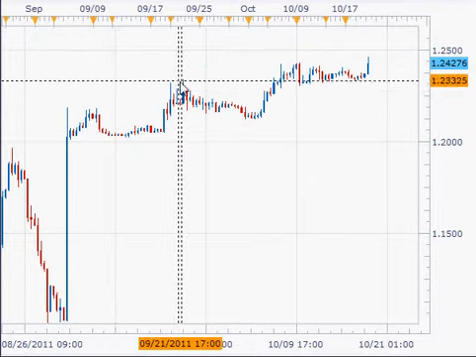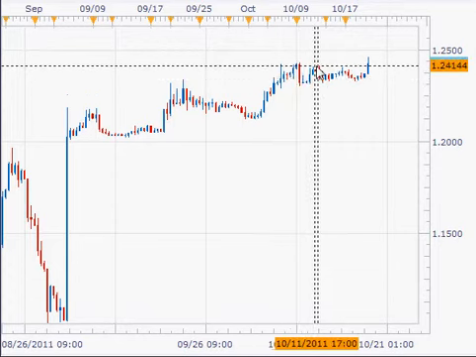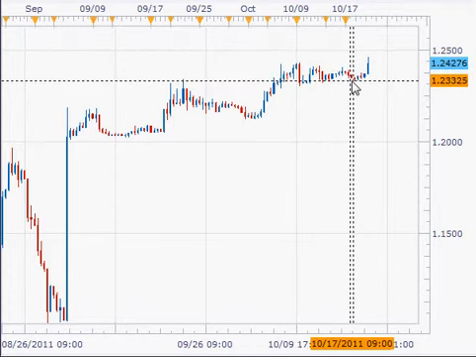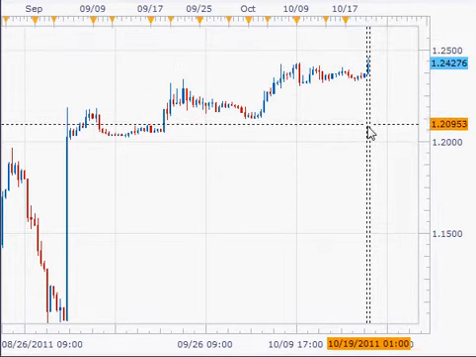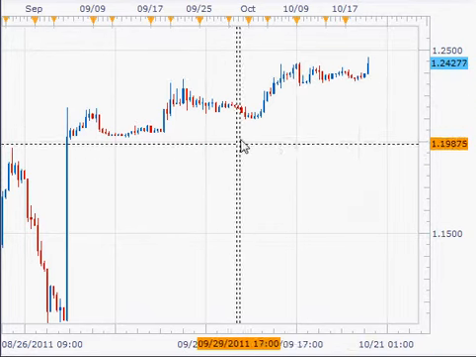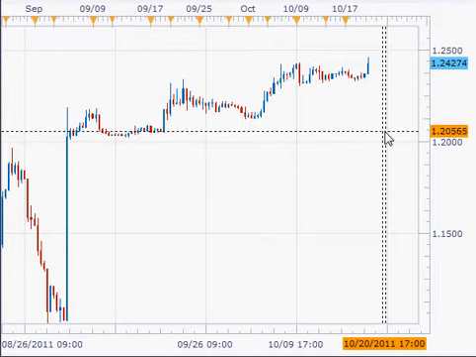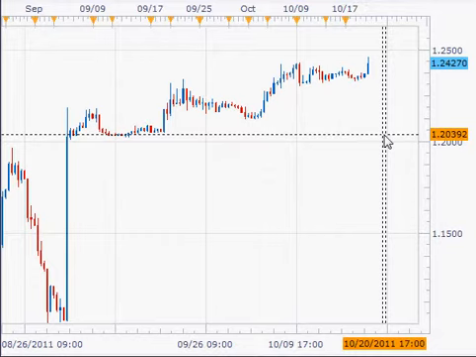But then we have 1, 2, 3, 4, A, B, C, D, E, and then we have the movement towards 1.25, which is another diagonal here, an ending diagonal, and could take us all the way back down to almost 1.20, which means the euro will be falling much quicker than the Swiss franc temporarily.